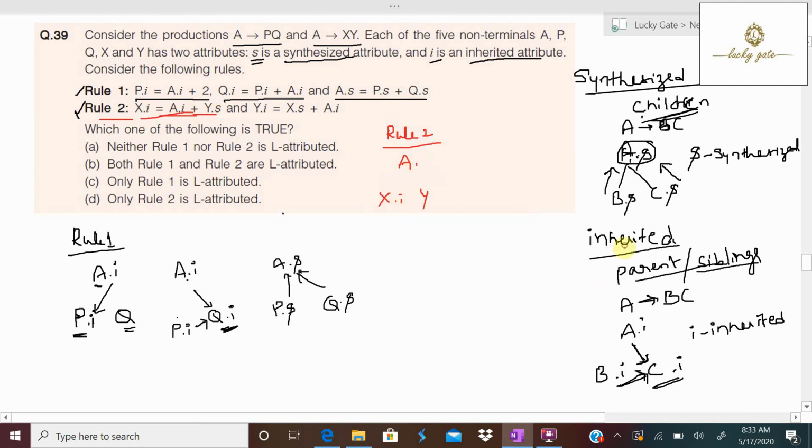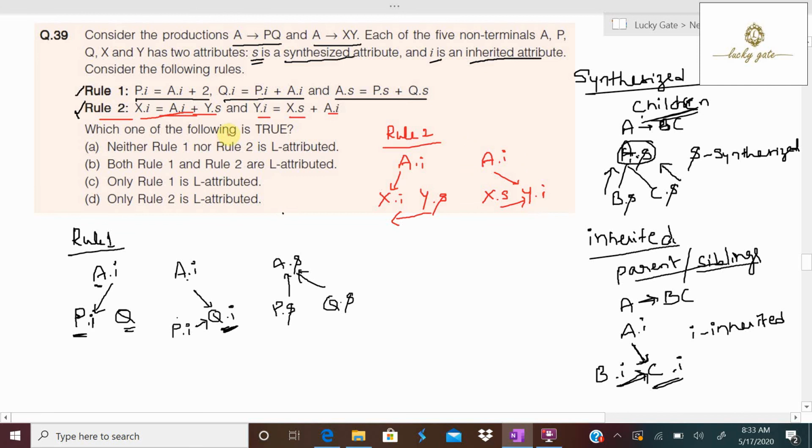It means it is determining its value from AI and also from Ys. And one more is Yi equal to XS plus AI. Yi equal to XS means from the sibling, and AI from the parent. We call I an inherited attribute.